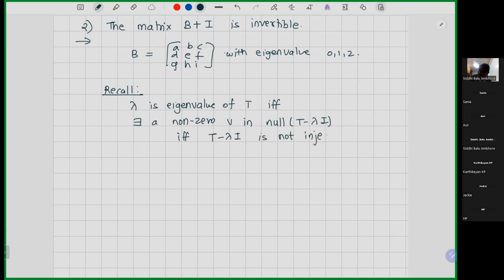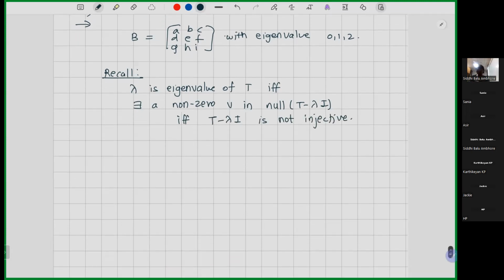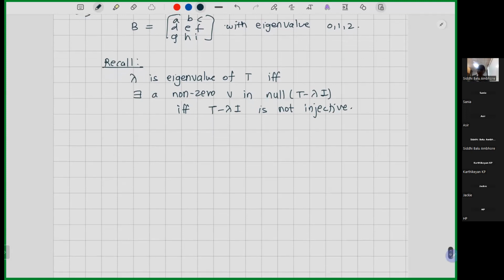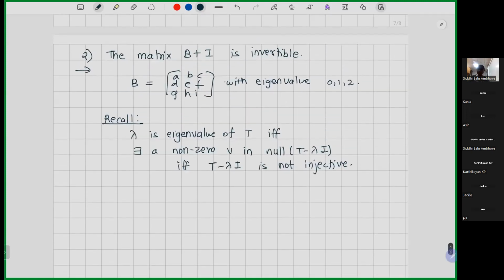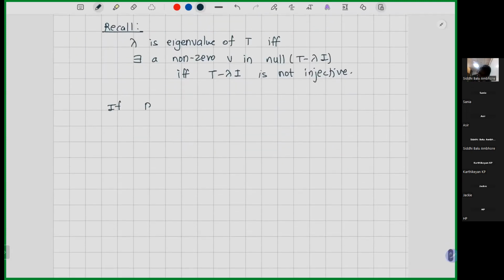Okay, this is something which is given. So if B plus I is not invertible, this implies that B plus I is not injective, right? Because we are in finite dimensional vector spaces, this holds.